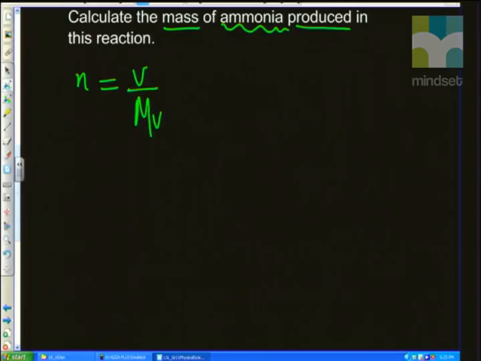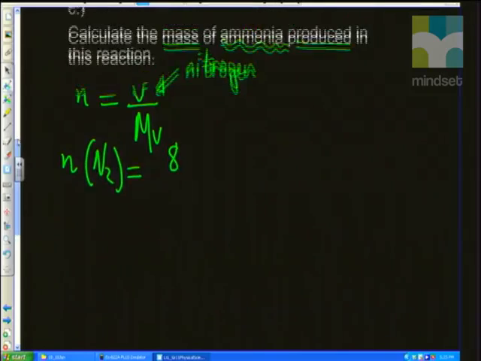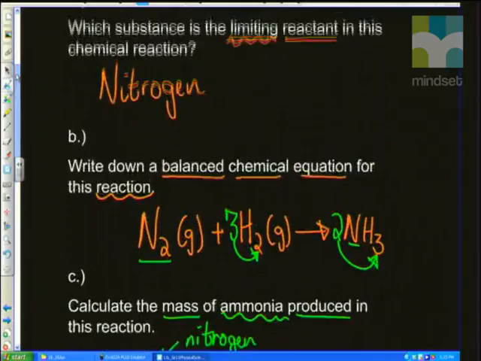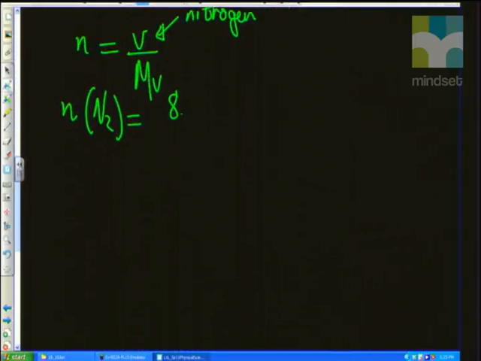Why am I doing that? Because I'm given the volume of nitrogen. So I can actually work out the number of moles in that volume of nitrogen. So the number of moles of nitrogen in this volume will be equal to 8,4 cubic decimeters, divided by the molar volume at STP of a gas, 22,4.